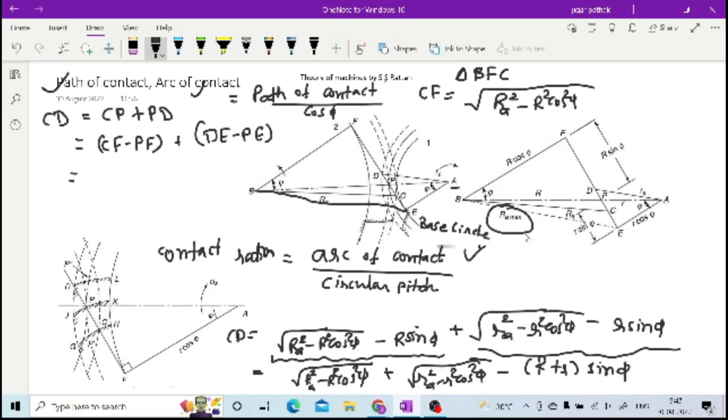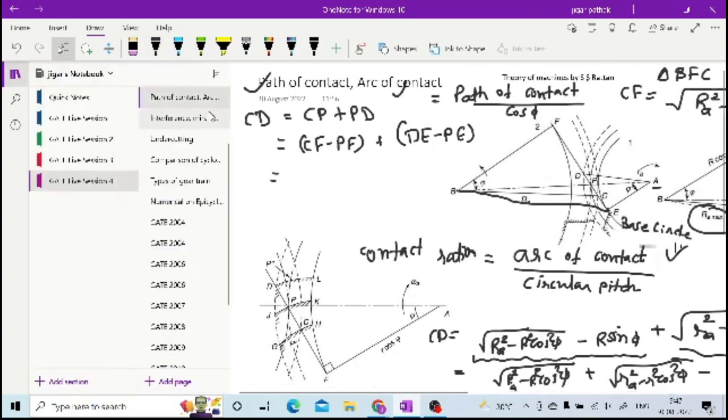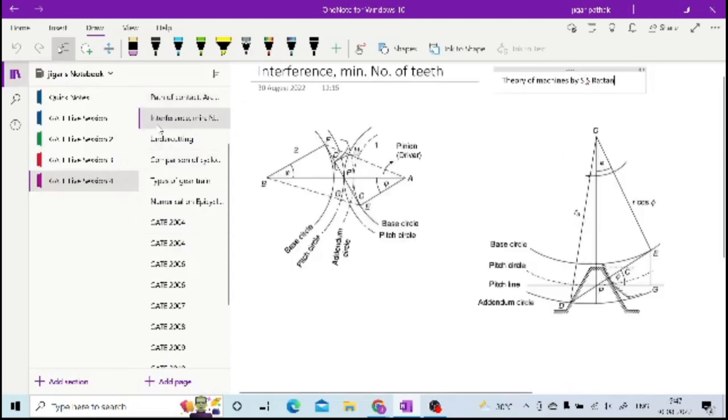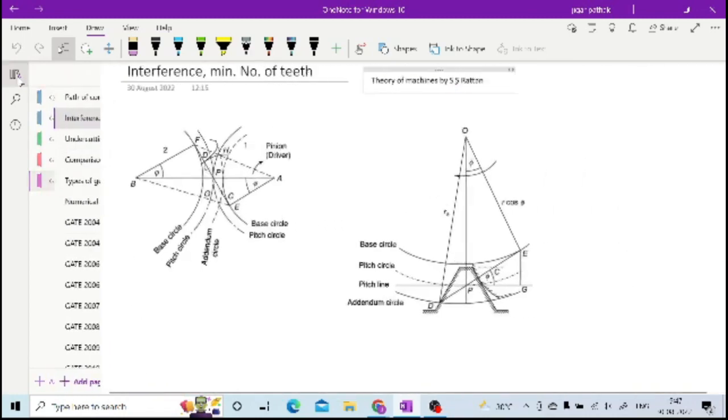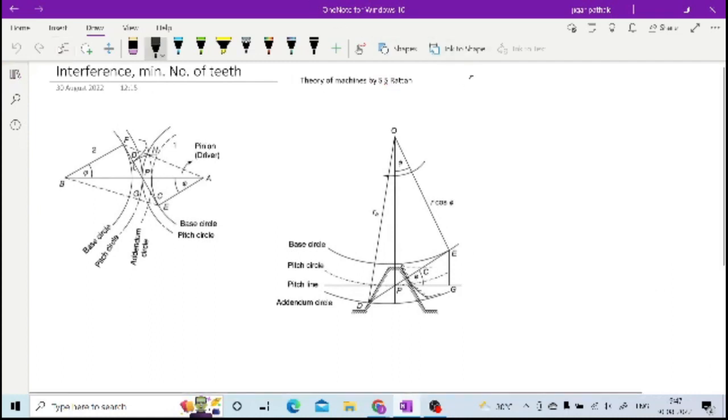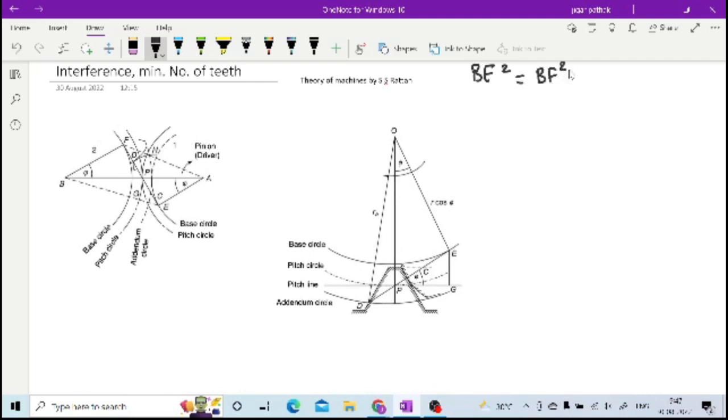This can be calculated from the previous figure only. BF can be written as it is, but FE can be further written as FP plus PE square.